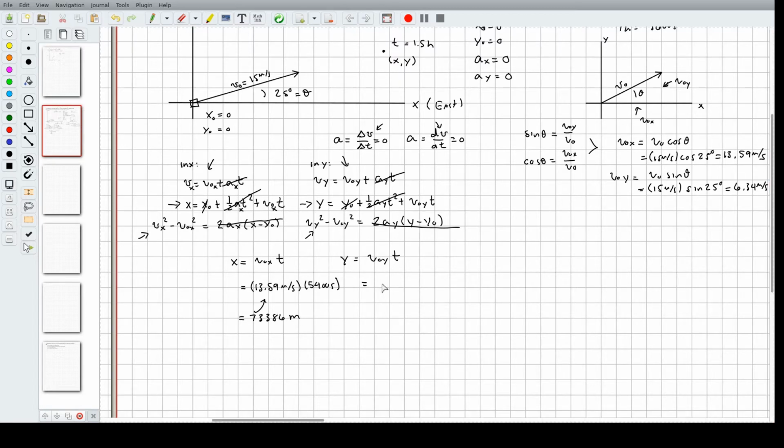Now this one over here, let's plug in the y stuff. Y was 6.34 meters per second. Again, it is traveling in that direction for 5,400 seconds. 6.34 times 5,400, 34,236.